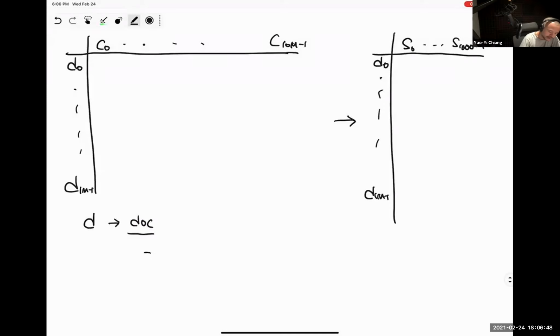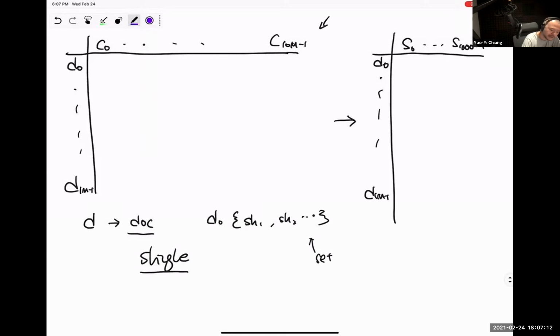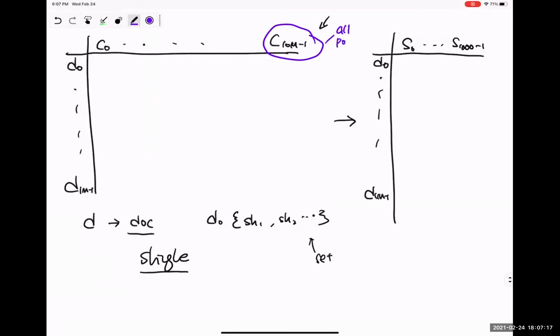We also talked about one of the applications for this work: each D is a document, and we can create shingles to represent a document. So essentially your D0 would be shingles, right? It could be shingle 1, shingle 2, and so on. And this is a set. To represent a set in a matrix like this, 10 million minus 1, this is all possible shingles, right?